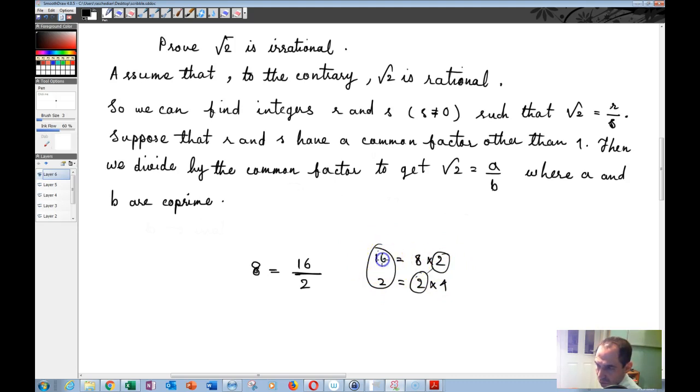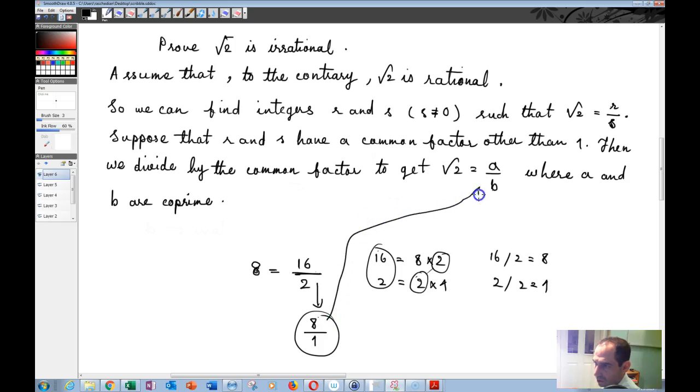So you divide both by the common factor. 16 divided by 2 is 8, and 2 divided by 2 is 1. So this fraction becomes 8 divided by 1, which is basically the a over b here. Okay, so that's what is meant by that.